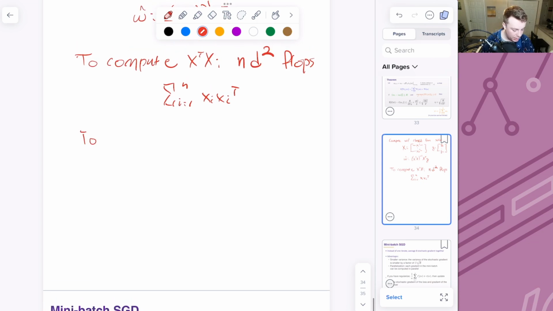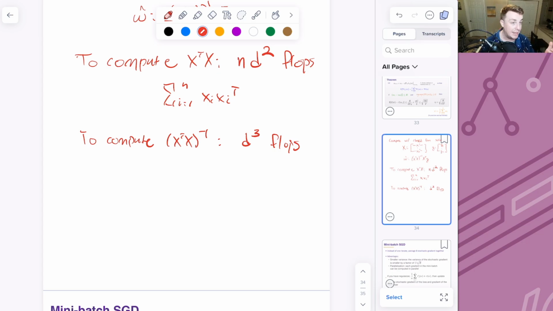The most complicated part is to compute (X transpose X) inverse. And this ends up being D cubed flops. Turns out that in practice, computing a matrix inverse tends to be one of the hardest things that you will do on your computer, especially for large matrices where D is quite large. D cubed can take a long time.